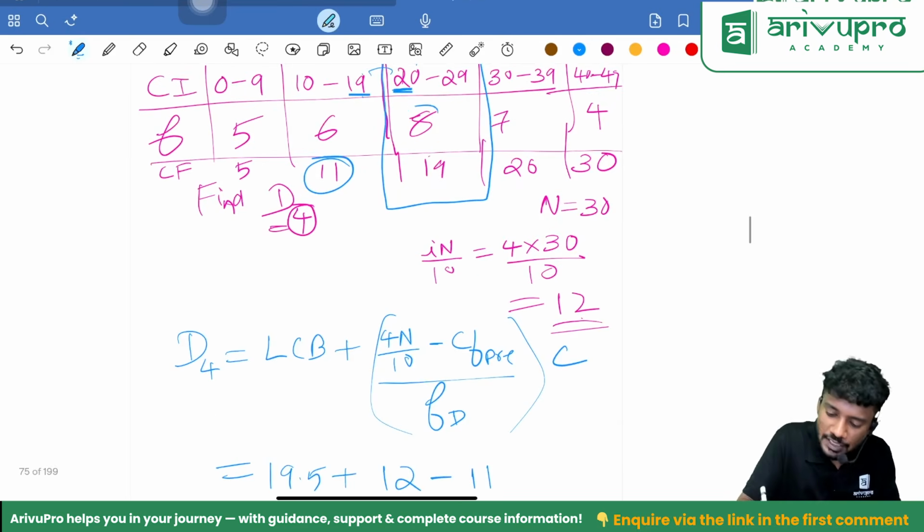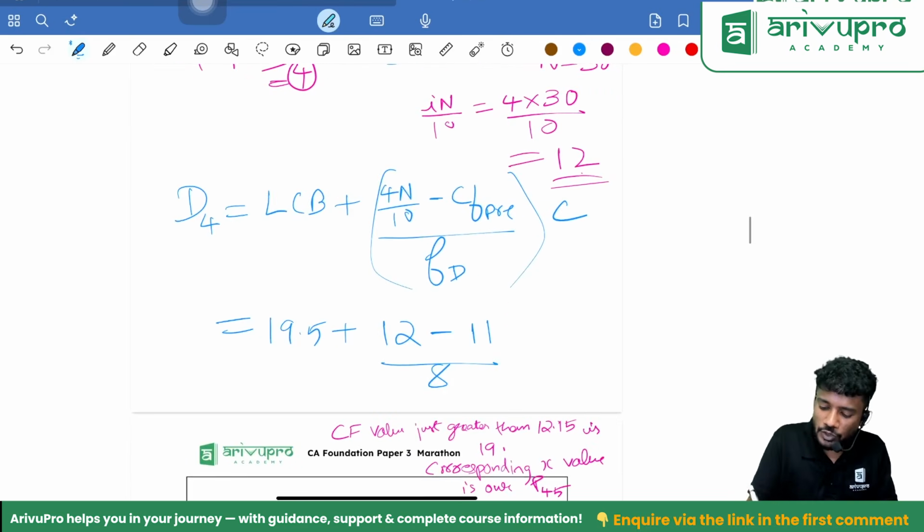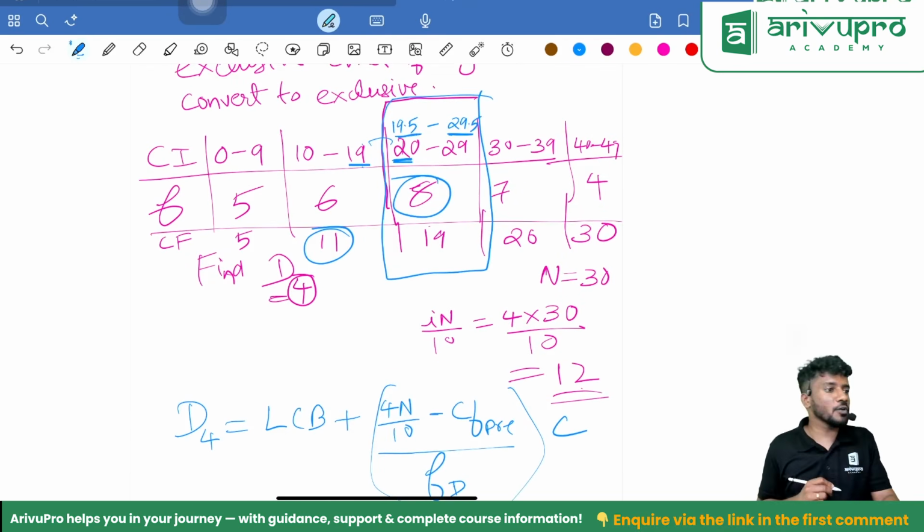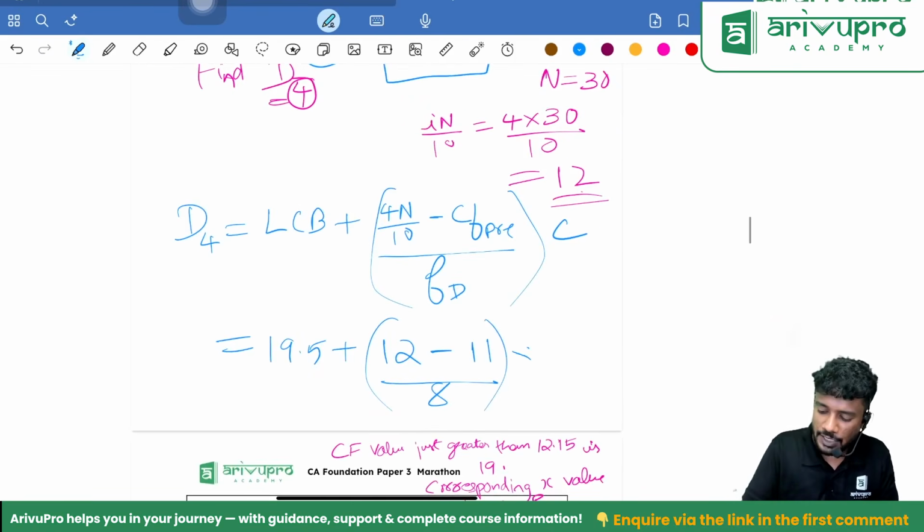Frequency of the decile class is how much? 8 into how much? The C is how much here? That is 29.5 minus 19.5, which is 10.